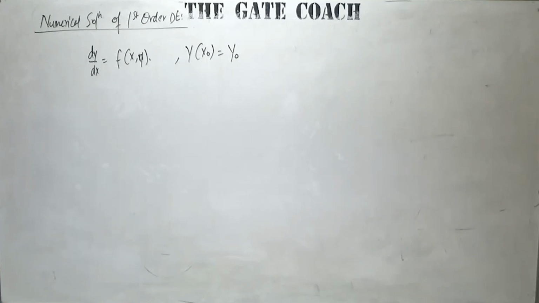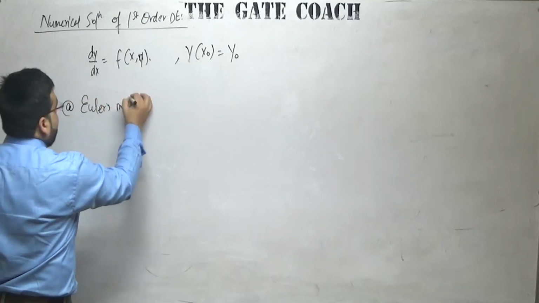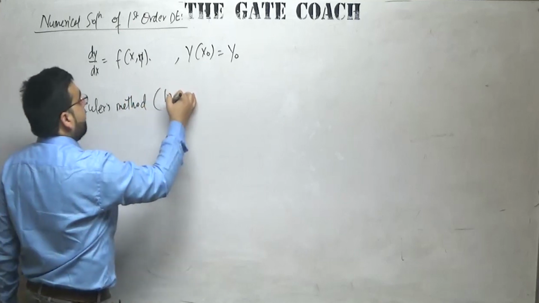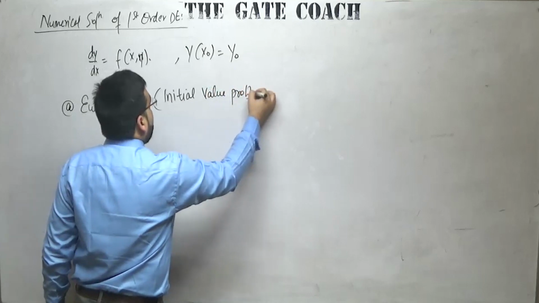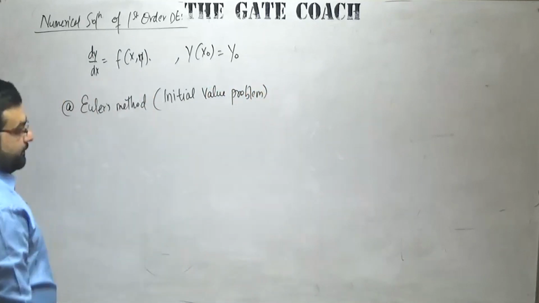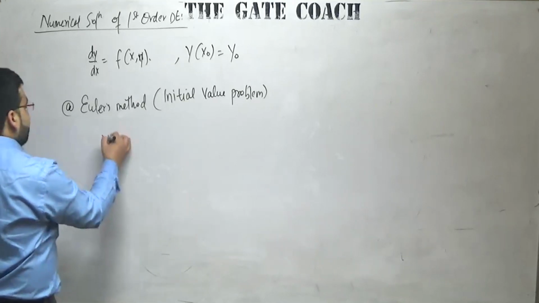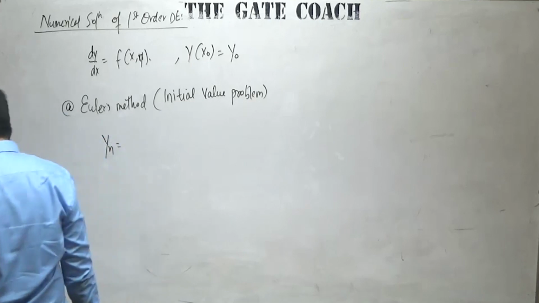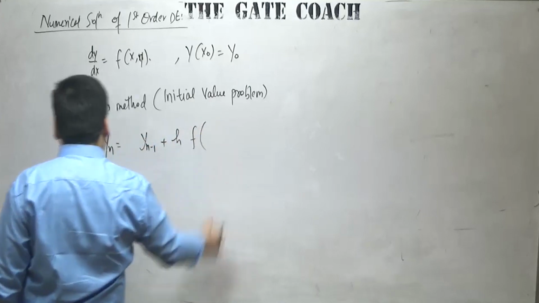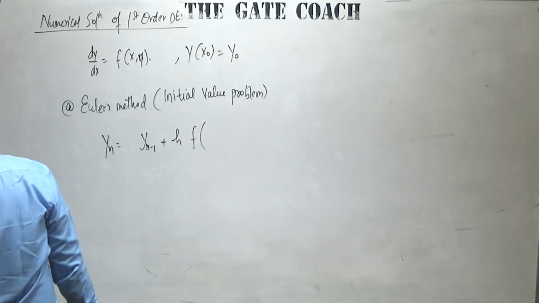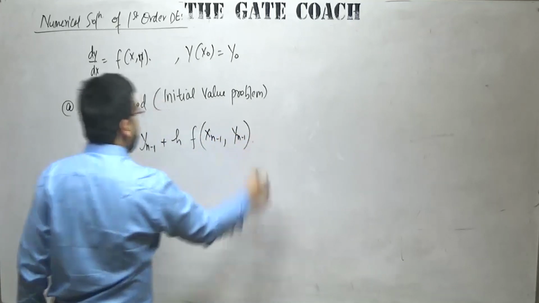So the first method that we have is called Euler's method. Euler's method is also called the initial value problem. Euler's method is this: yn is equal to yn minus 1 plus h times f of xn minus 1 comma yn minus 1.